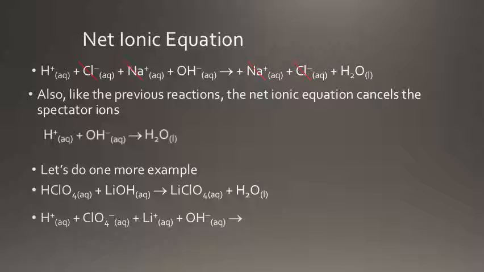Now this takes a lot of writing. You've got to give yourself a lot of space when you write this out, but this isn't conceptually difficult. Our products are the lithium ion, perchlorate ion, and water. That is our total ionic equation for this neutralization.